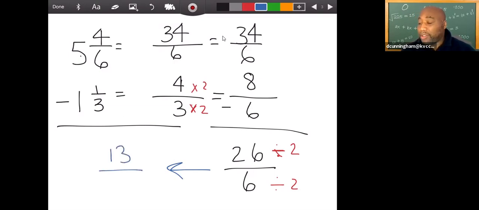And 6 divided by 2 is 3. And so you can write this as 13 over 3, or you can write that as a mixed number. 3 goes into 13 four times without going over. So you can write this as an improper fraction or as a mixed number, 4 1/3.